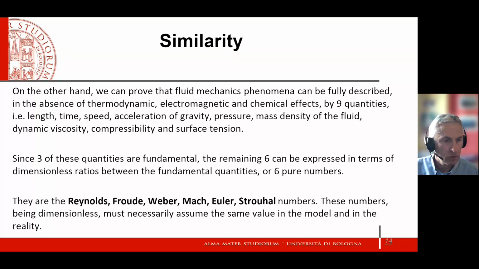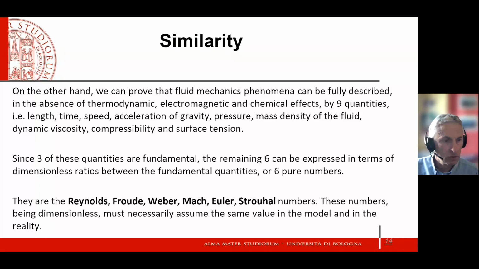These numbers are dimensionless, as we said, and therefore their values have to be preserved in the model and the reality to make sure that we have similarity. So this is a driving principle for setting up our small scale model. We have to preserve these 6 numbers.